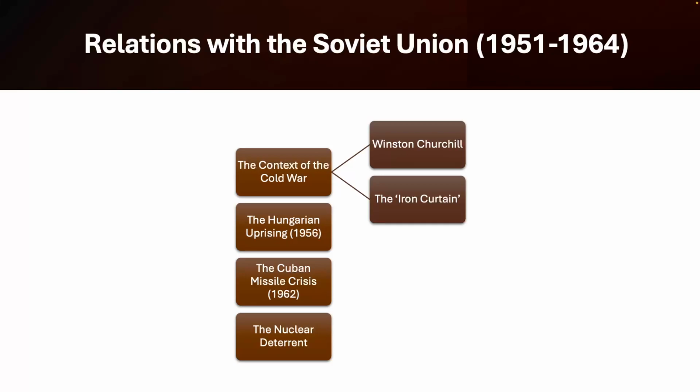The development and maintenance then of the nuclear deterrent, as I mentioned when I talked about the US-UK relationship, was of course a major issue in post-war foreign policy. But what was also a very, very important issue in post-war foreign policy was, of course, the establishment of their own nuclear weapons program.